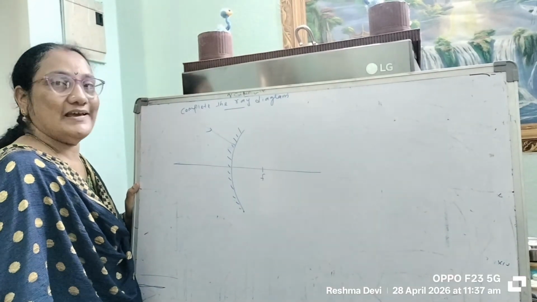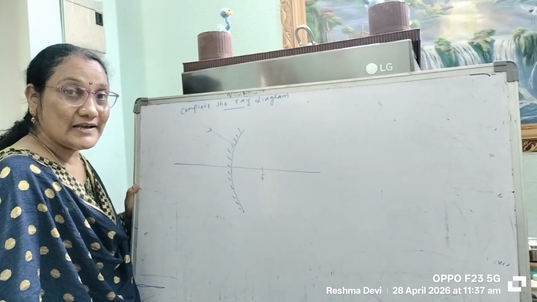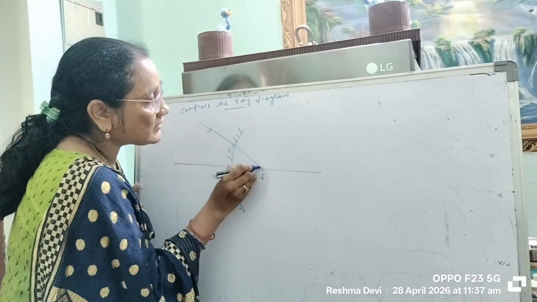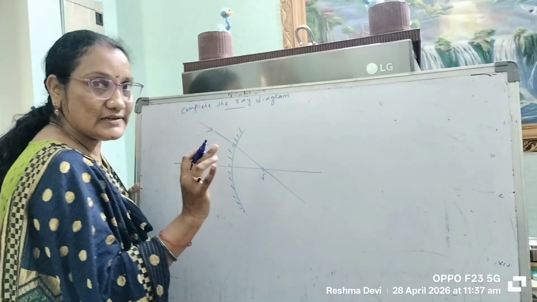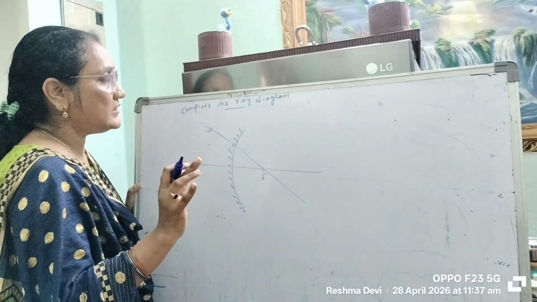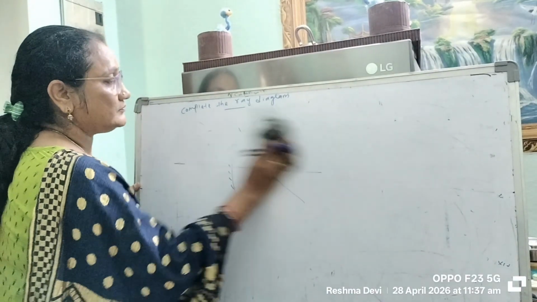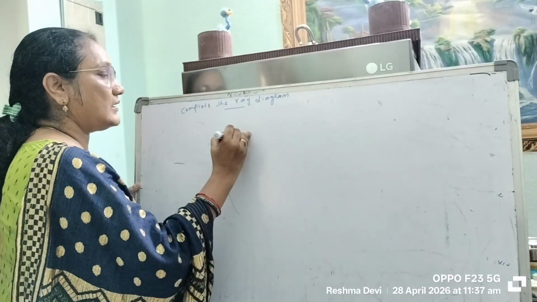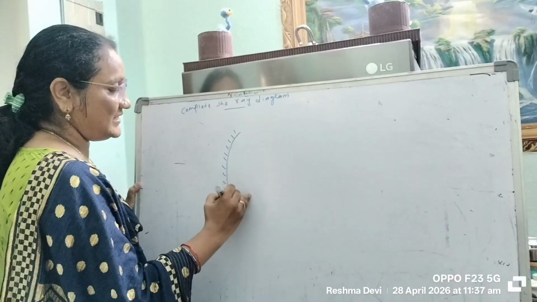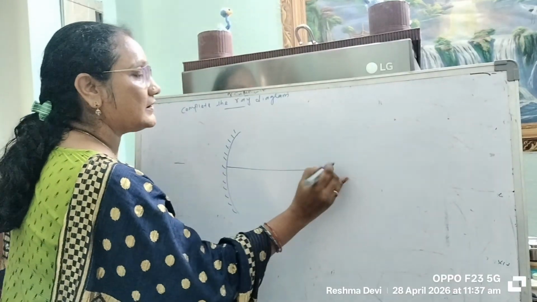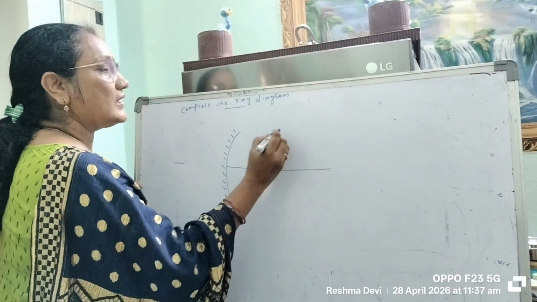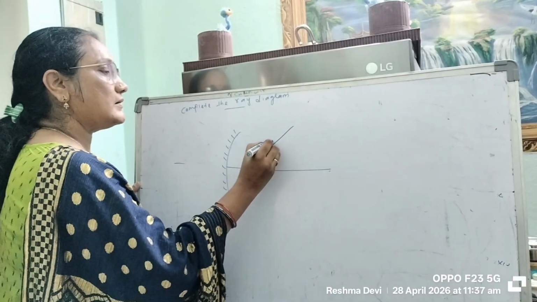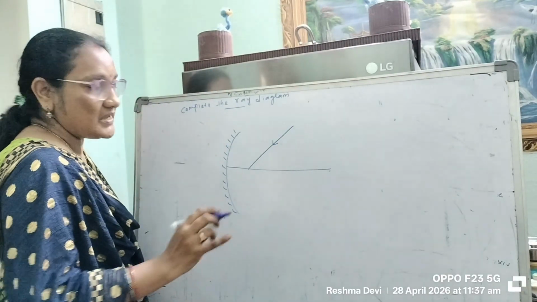It means these rays are directed towards the focus. Sorry, I have to draw that side. Here, like this. Okay. Complete the diagram.